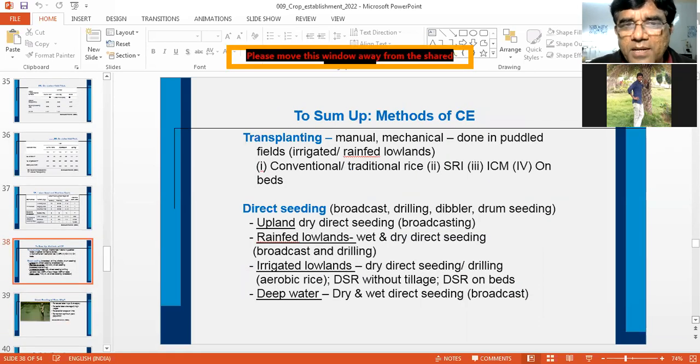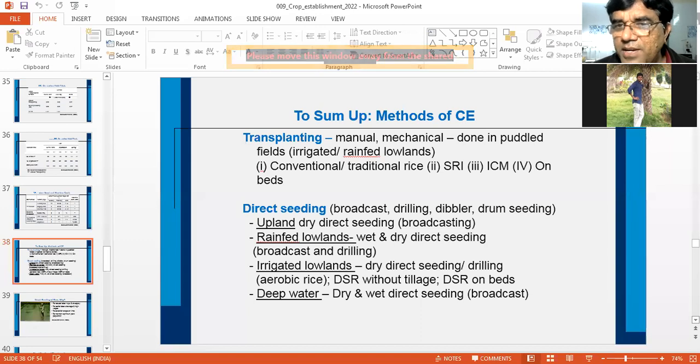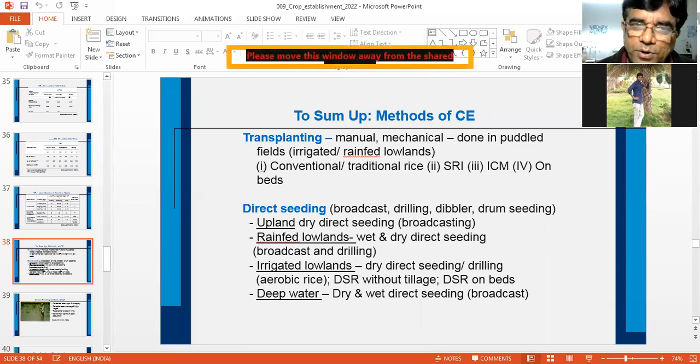So if we sum up, transplanting by manual and mechanical methods is done, and direct seeding can be done under different conditions. So direct seeding can be done by broadcast method, by drilling, by dibbler, by drum seeding. So these are the methods of sowing under direct seeding. In the upland condition, it is always dry direct seeding by broadcasting method. Mostly it is broadcasting.